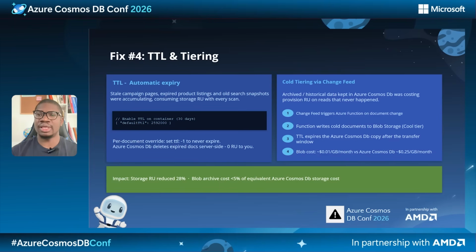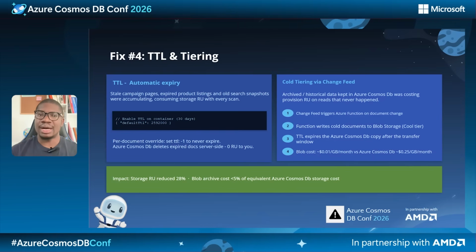Blob costs roughly 1 cent per gigabyte per month, while the equivalent Azure Cosmos DB storage costs about 25 cents. So that's a 25 times storage cost difference for data that is just sitting idle.